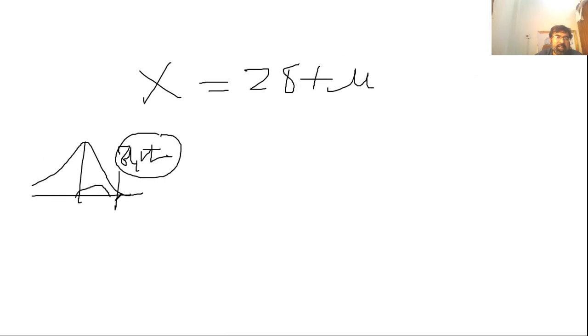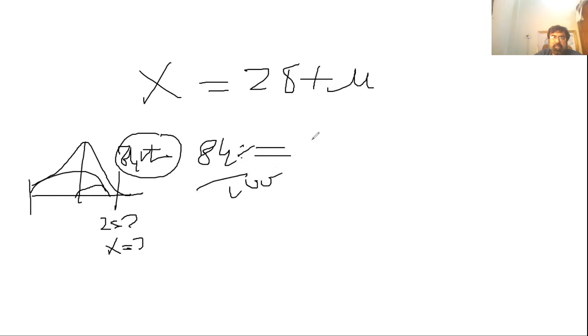We need this area so that we can calculate the z-score from the table and then x. So the area from here to here is 84% divided by 100, equal to 0.84, minus 0.5, that becomes 0.34.